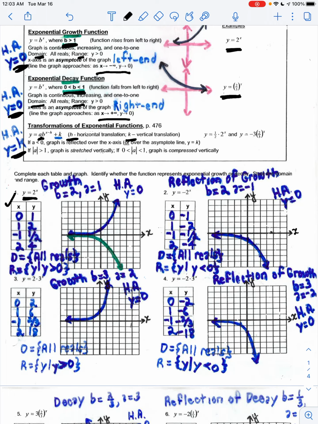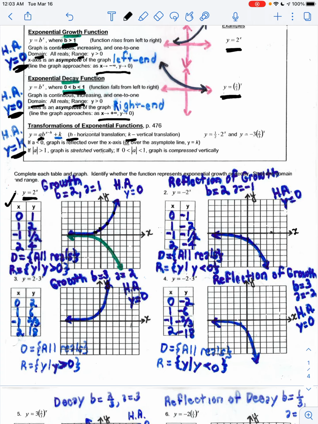And 2 to the 0 is 1. 2 to the first is 2. 2 to the negative first is 1 over 2 to the first, or 1/2. And 2 to the second is 4. And I plot those points. And if you take a look closely, you're going to see I graphed a point here, and here, and here, and 2 to the 4th.